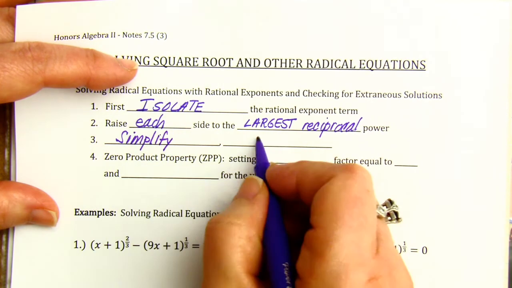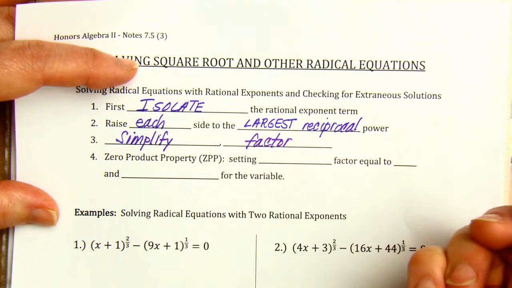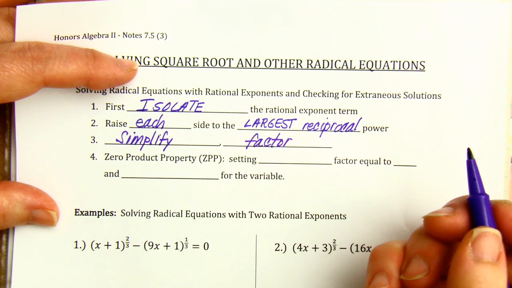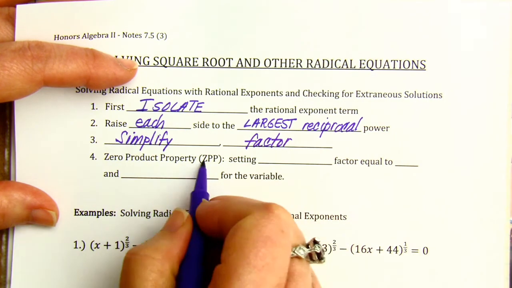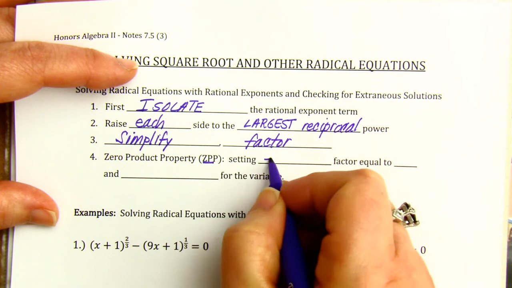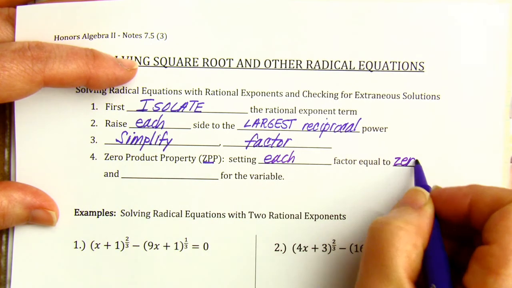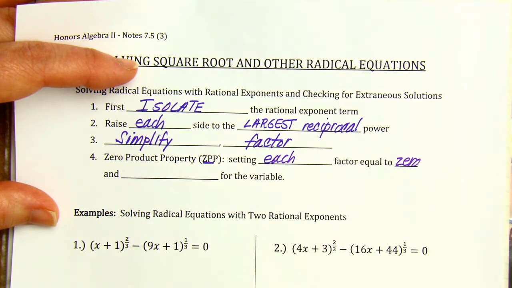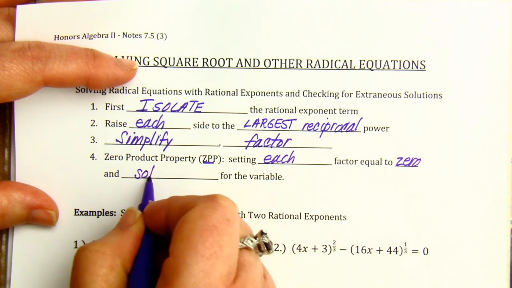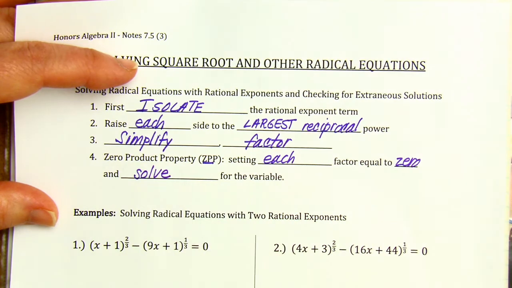We may need to factor. Use the zero product property, ZPP, setting each factor equal to 0, and solving for the variable.